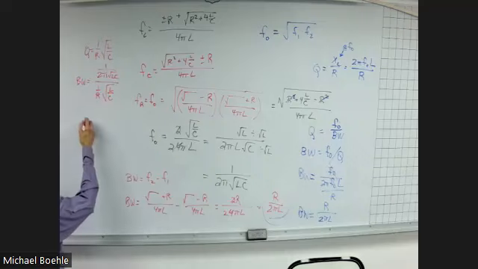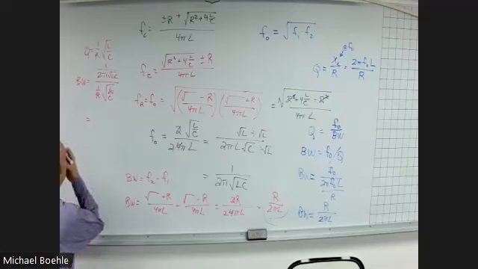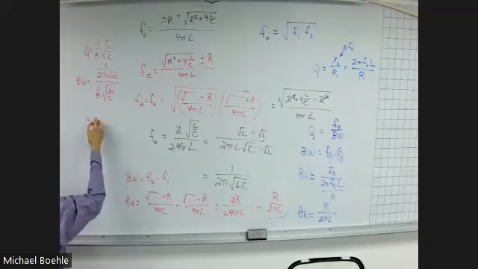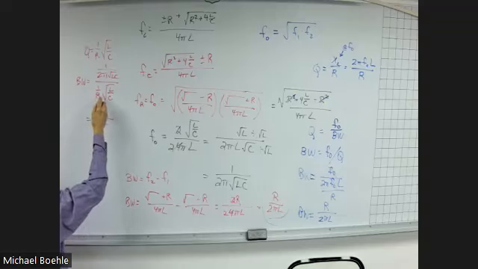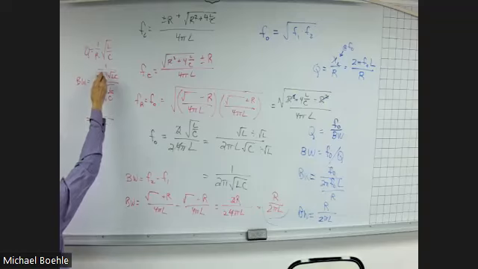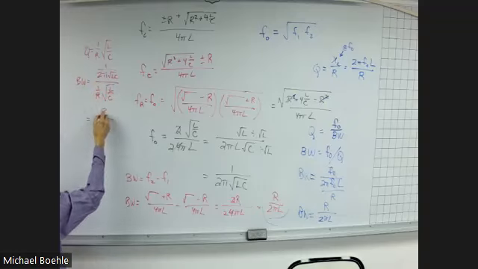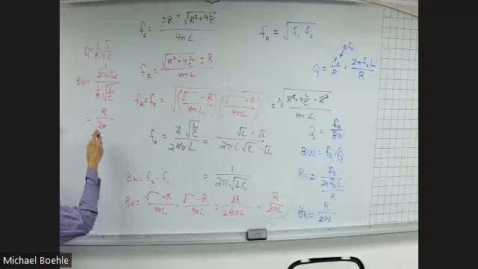So when you do that, what do you get? All right. So you end up with, on the bottom, 2 pi. And then in the denominator, you have 1 over R, so R ends up here. And the hard part is here.